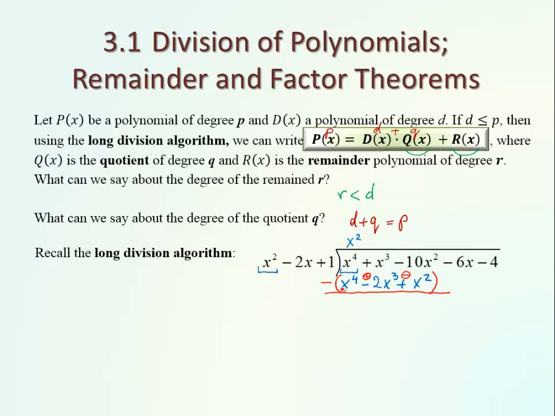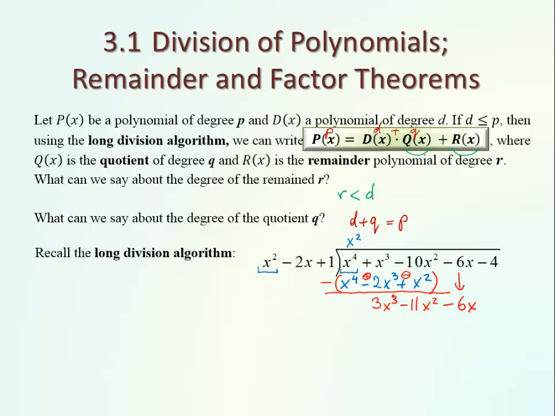So x to the 4 is subtracted, and that's what we expect. We should not have anything in the first term. Then x cubed plus 2x cubed is 3x cubed. Negative 10 minus 1 is negative 11x squared. And we drop the next term, negative 6x.